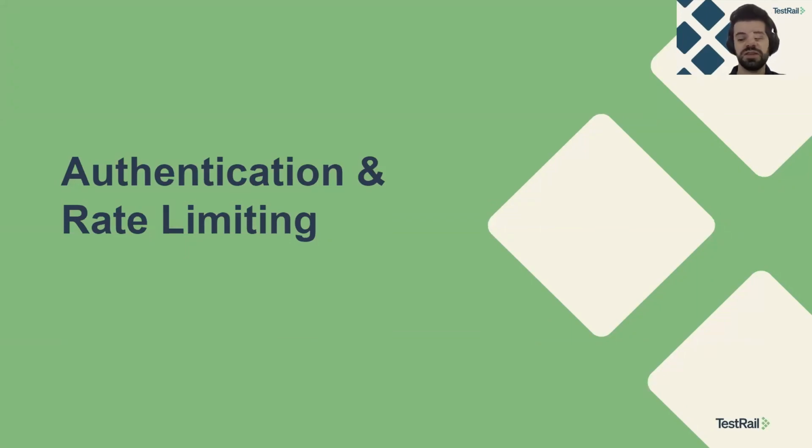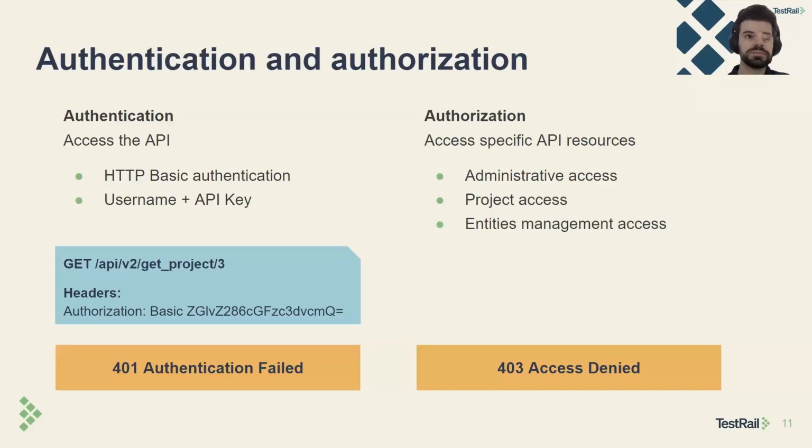Technicalities: authentication and rate limiting. There is an authentication that secures the APIs you are using with TestRail. To access the API, you need to use the HTTP basic authentication scheme.